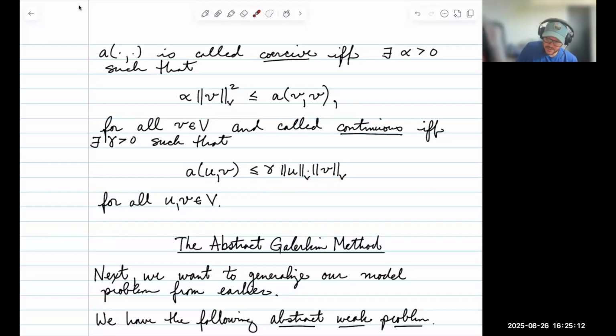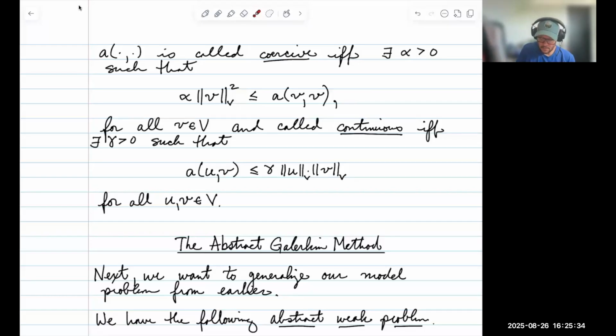Again, as long as u and v are not equal to the zero objects in that Banach space, all of these norms are positive. This doesn't necessarily have a sign. It could be negative, right? It could be a negative number if I put in a particular u and some particular v.